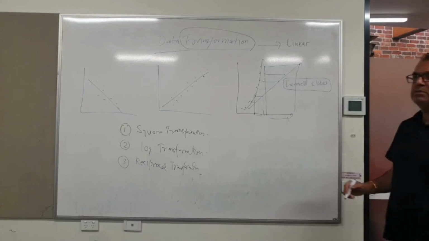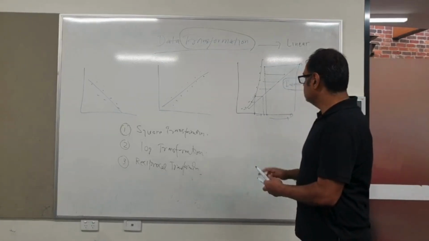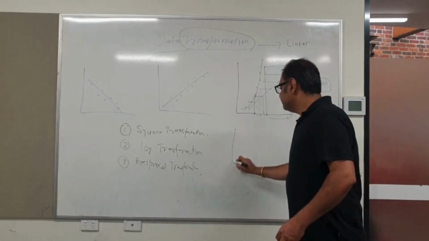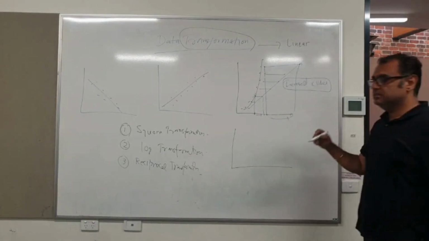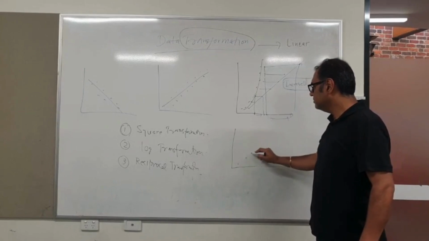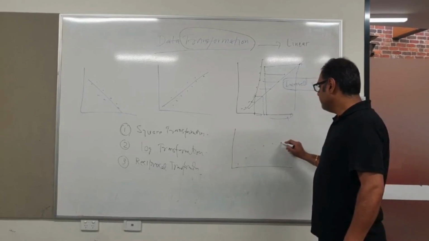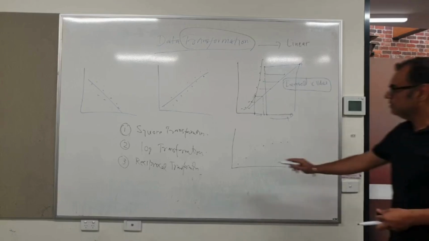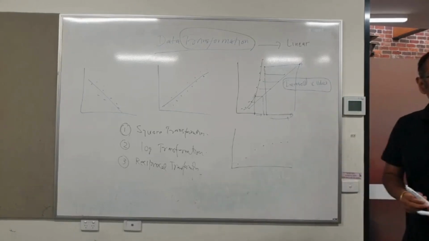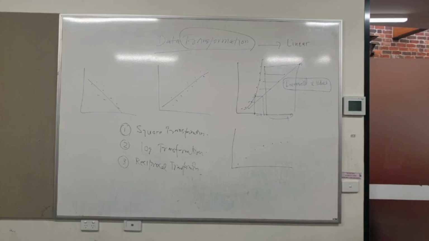Let's take another example. Let's say my data is this. That's my scatter plot. How does the scatter plot look? A non-linear scatter plot, right? How can I make it look linear?